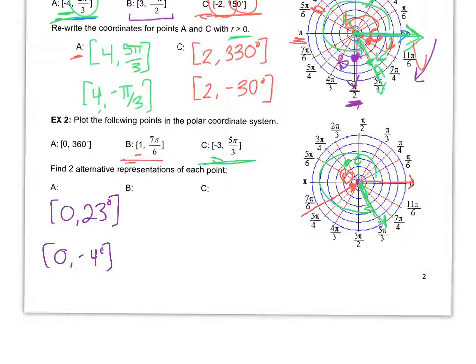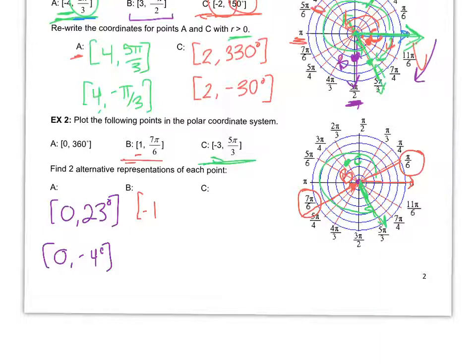Part B, let's say we want to represent our point B using a negative radius. So originally with B, we opened up 7 pi over 6, which is right here. Well, if I want to get to my point by walking backwards, or moving in the negative direction 1, that means I would need to be facing what's directly opposite of that, which would be pi over 6.